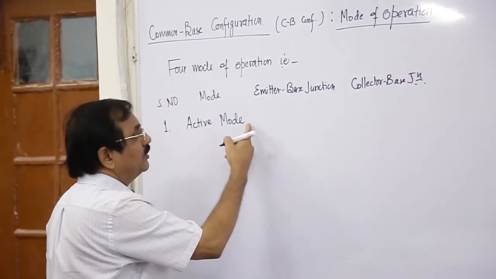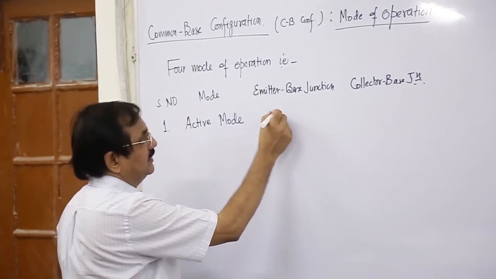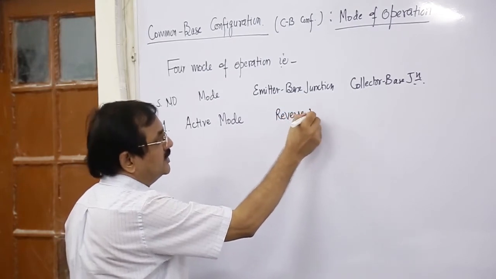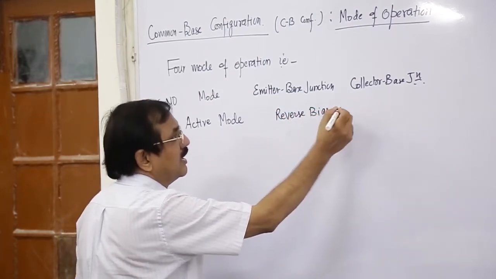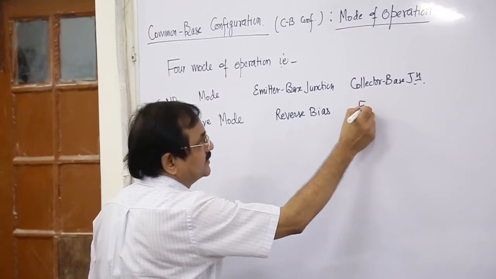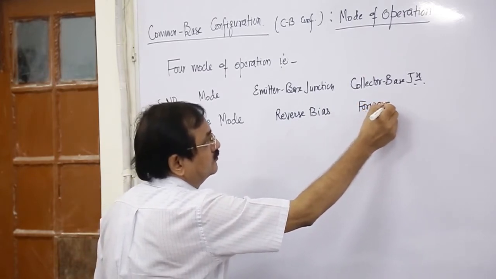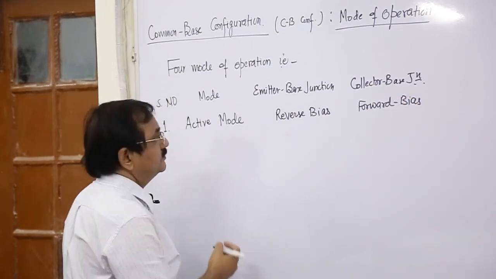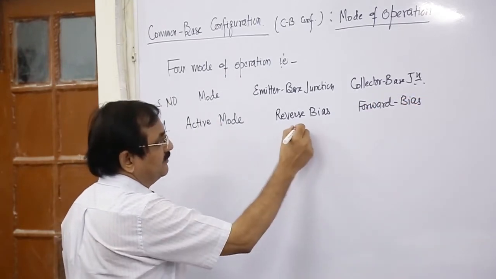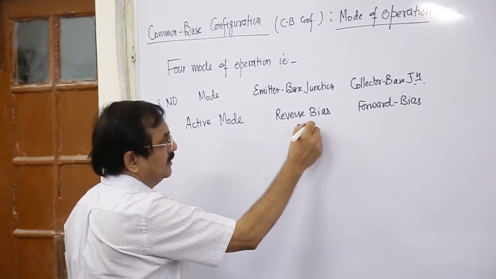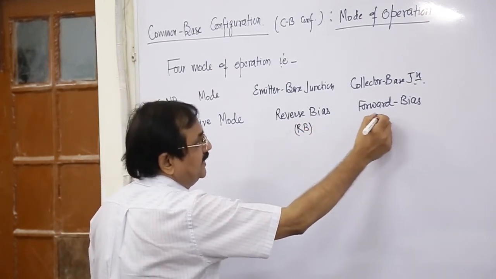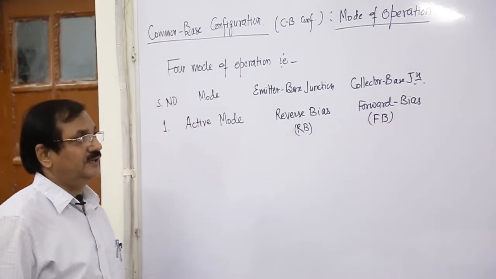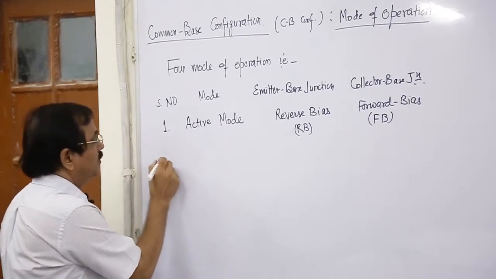In active mode, the emitter base junction is forward bias, and the collector base junction is reverse bias.